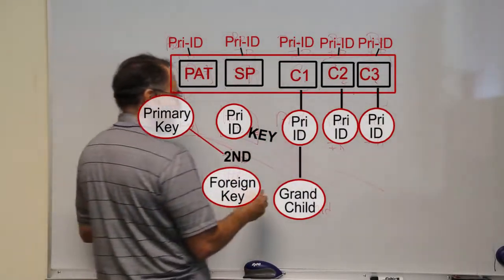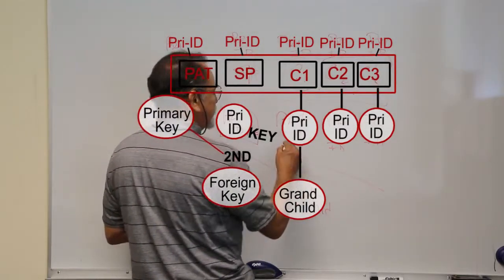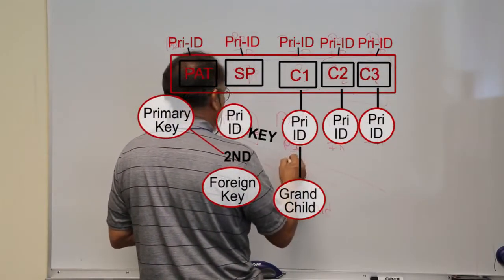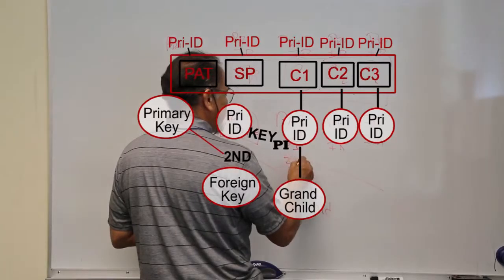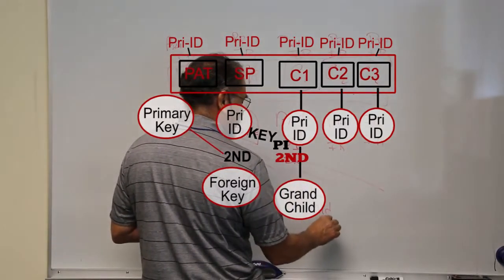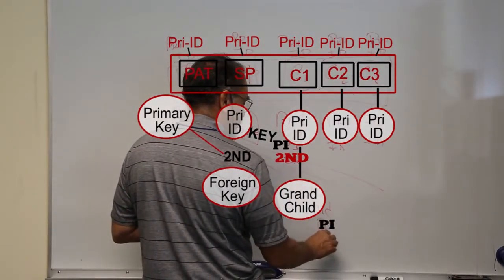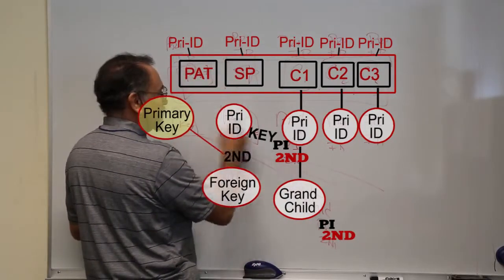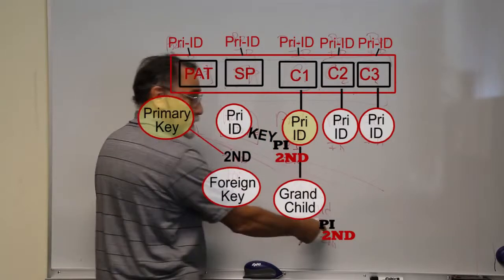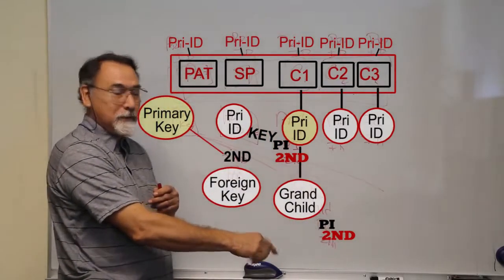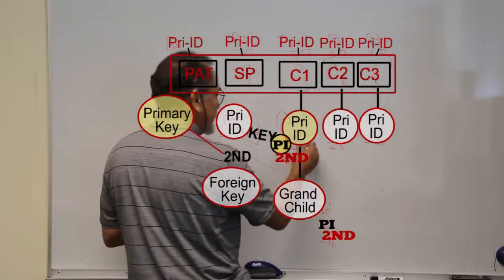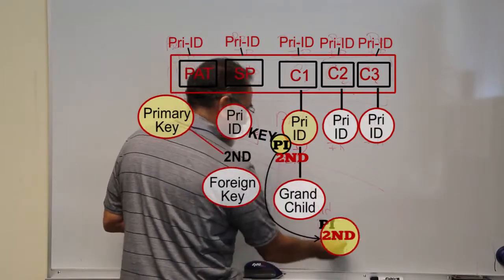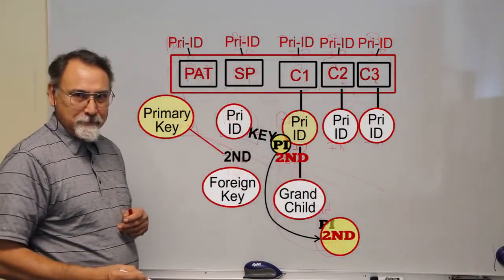So this would be the primary identifier, and it would also have a second identifier. This also has a primary identifier and a secondary identifier. However, remember that this one hooks up to this, and now this is going to hook up to this one. So this primary identifier here is now going to be the second identifier down here.